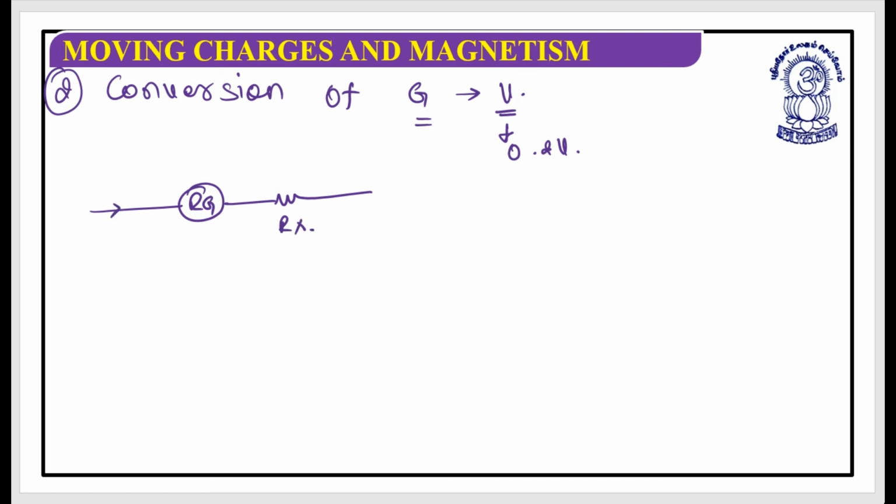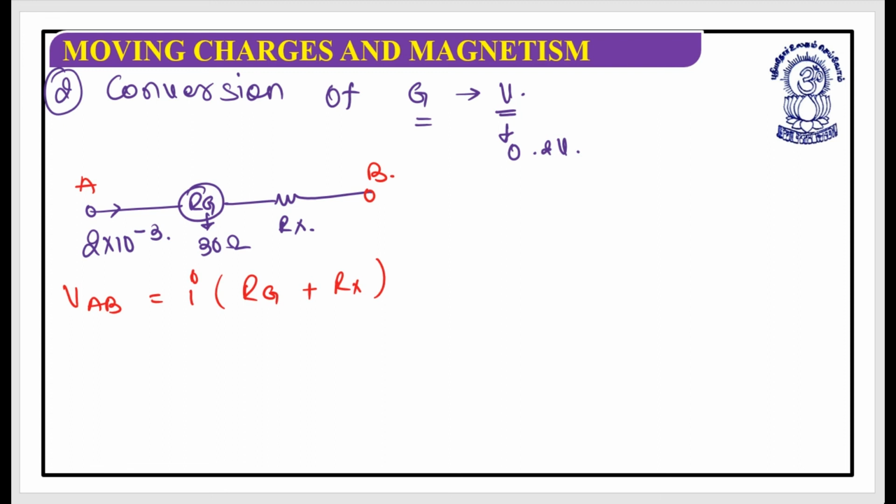The current is 2 milliampere, that is Ig max, the maximum current that can pass through this, and Rg has a value of 30 ohm. Let's name the points A and B. So VAB is equal to I multiplied by the galvanometer resistance plus Rx.